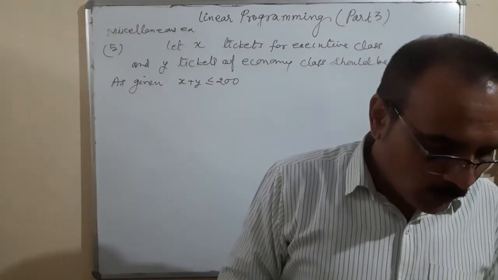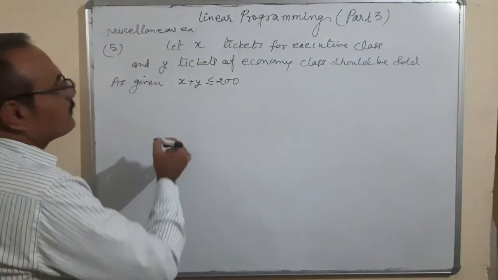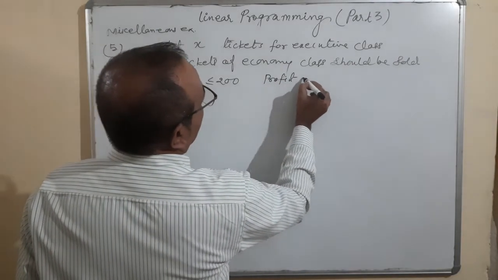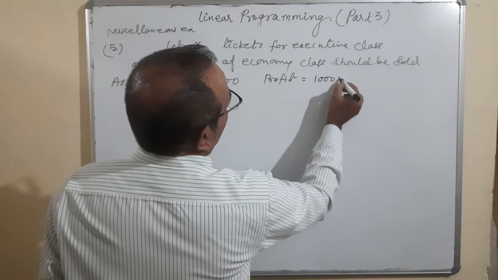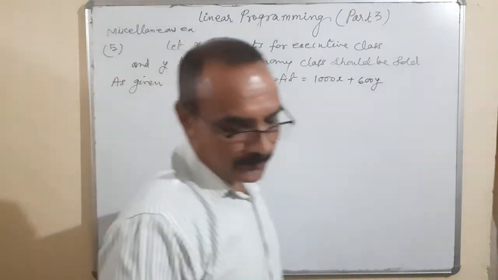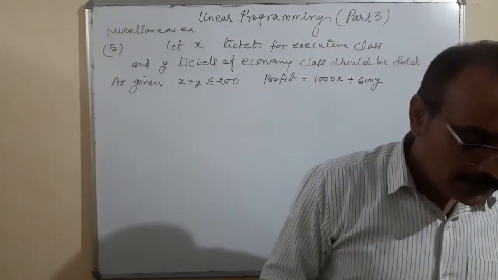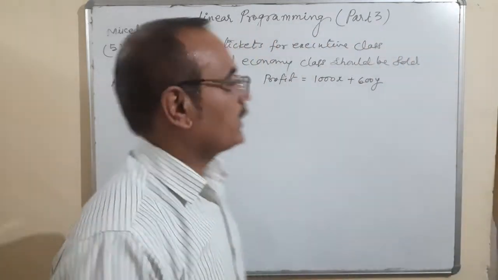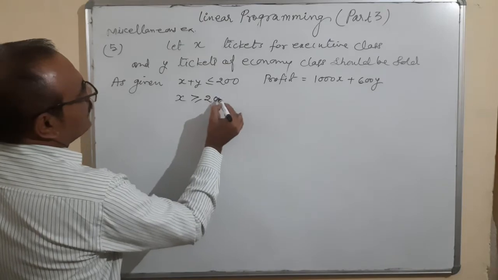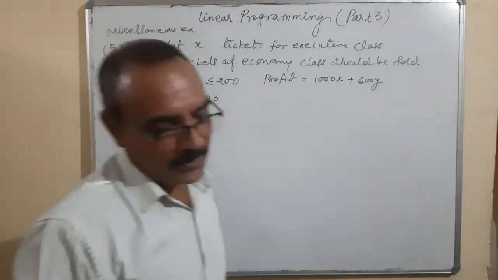The profit is 1000 for executive and 600 for economy. Next, the airline reserves at least 20 seats for executive class, so x is at least 20.